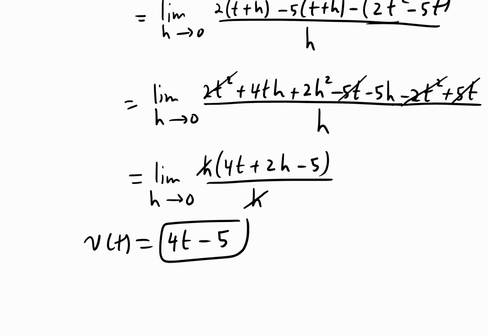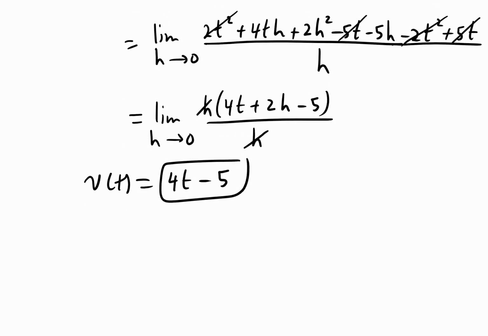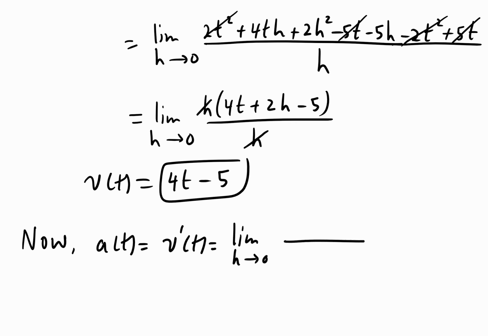We need to find the acceleration now, so say a of t equals the derivative of v. So it's the limit as h goes to 0 of v of t plus h minus v of t that we just got, all over h.